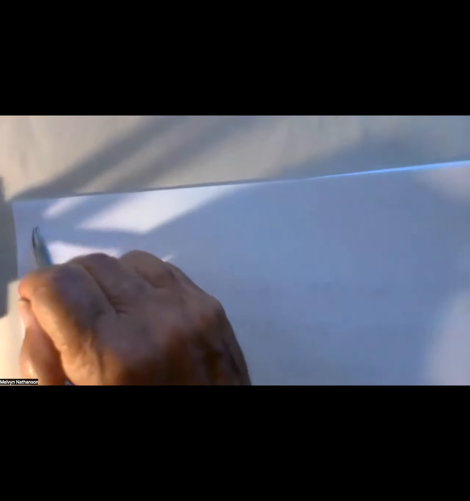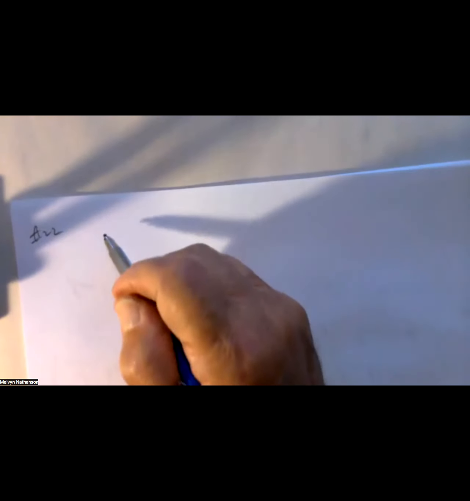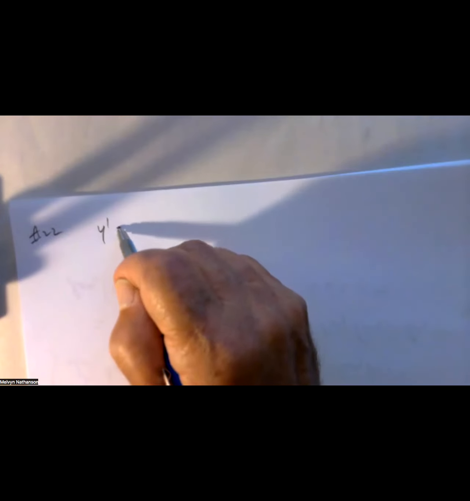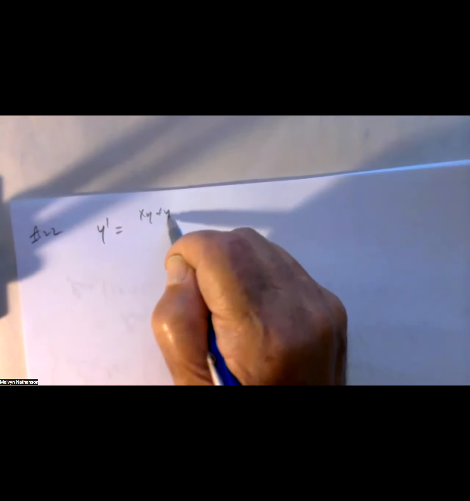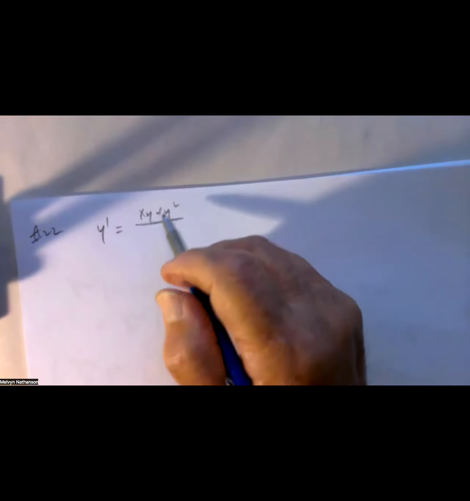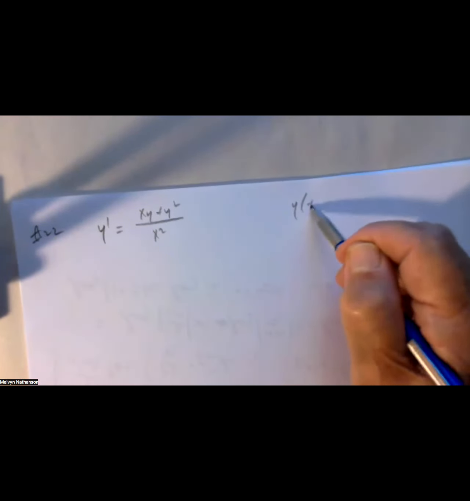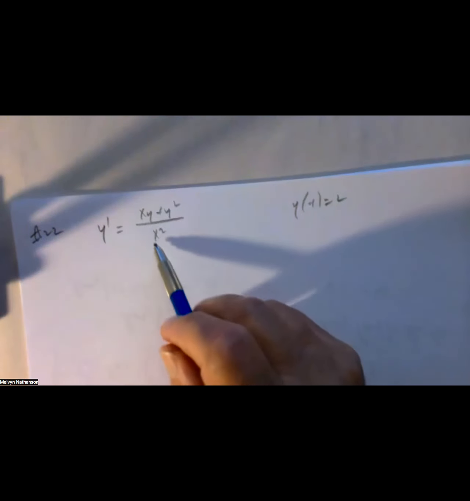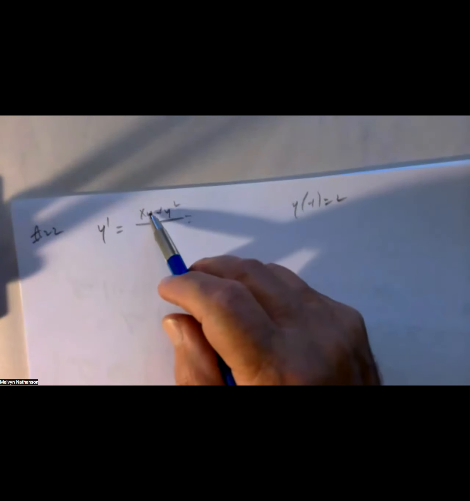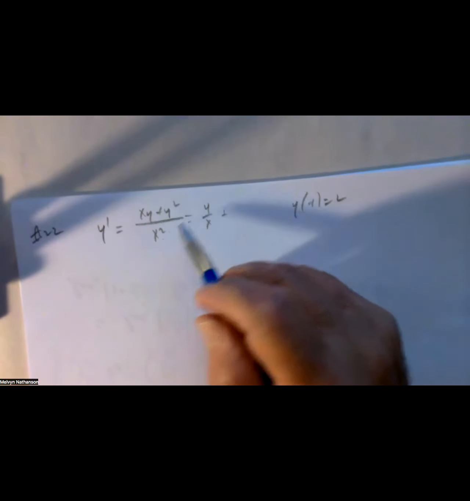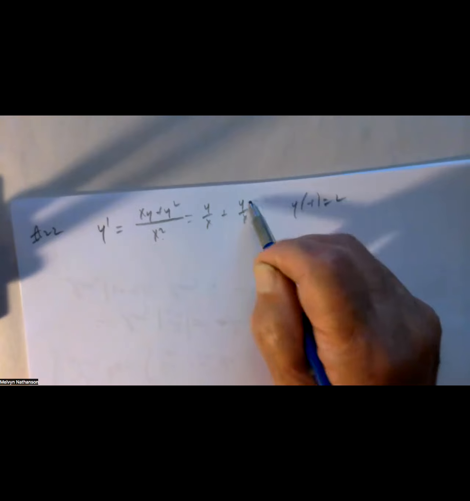We have the equation y prime equals xy plus y squared over x squared, and the initial condition that y at minus 1 is equal to 2. If I expand this, xy over x squared is y over x, plus y squared over x squared, which is (y over x) squared. So this is of the form u plus u squared.